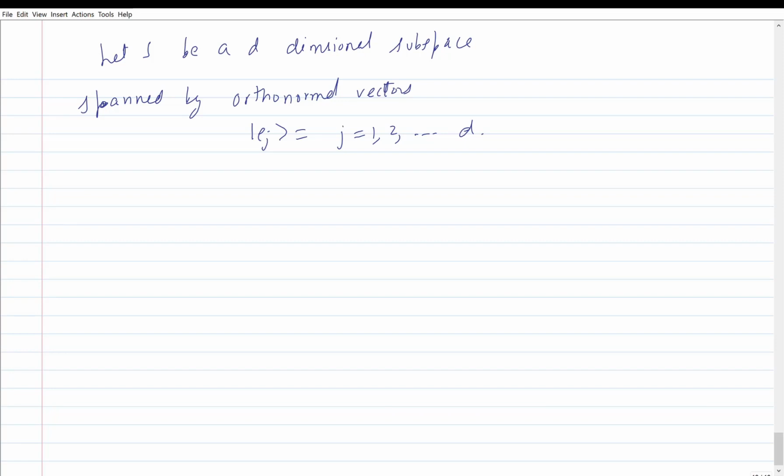The projection operator onto S is essentially the sum of all the 1D projectors.